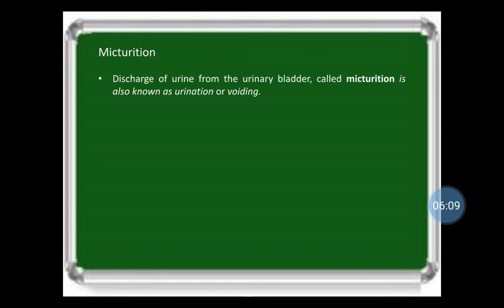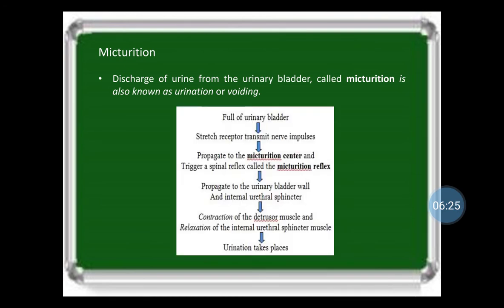Okay, now the micturition. The discharge of urine from the urinary bladder is called micturition. It is also called urination and voiding. It excretes the urine from the body. And now we see how it works. When the urinary bladder is full of urine, the stretch receptors in the urinary bladder transmit nerve impulses toward the brain.